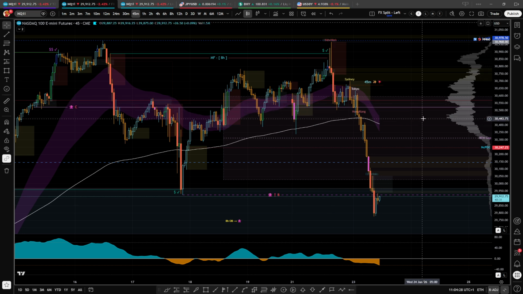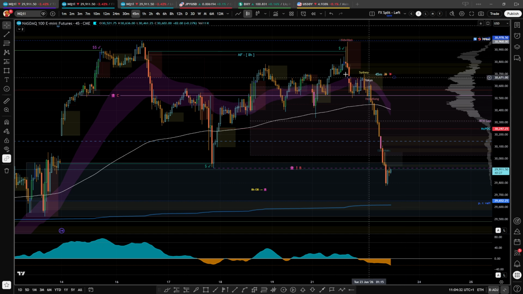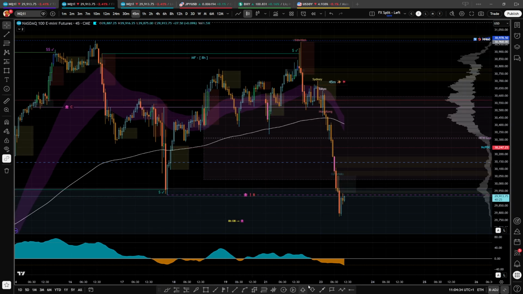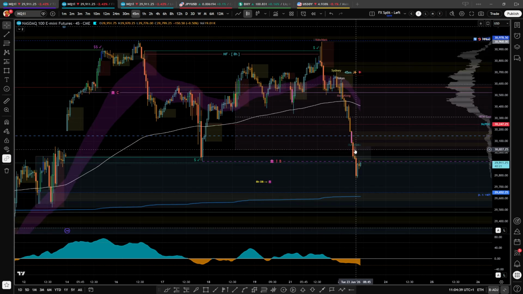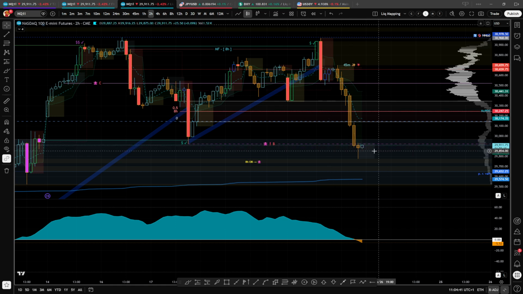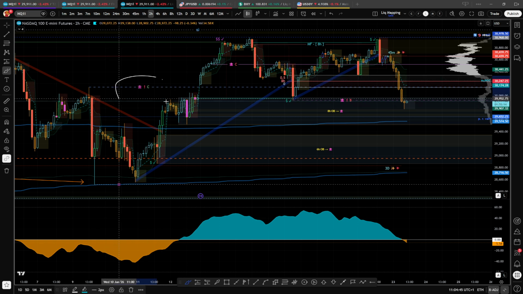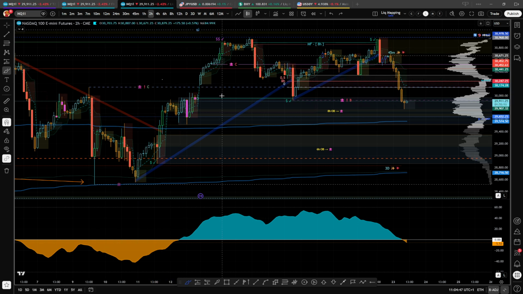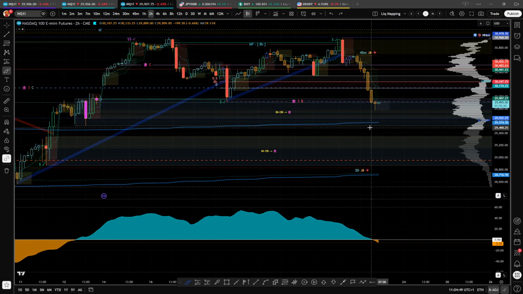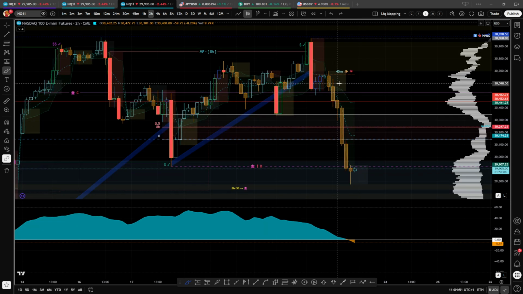Probably have breakers in here that we could use and everything. Tokyo's all the way up here. I am a bit iffy about this zone in general because of the context. I did say that we could get demand coming through here, and demand that is linked to this change of character coming for Tokyo's high.